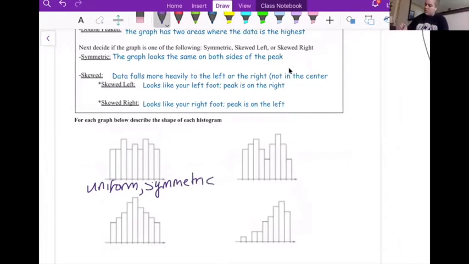This one, if we look, it has two peaks. So this is a double peak. And then it's fairly symmetric. It's a little higher right here versus here, but that's fine. It's still going to be symmetric.